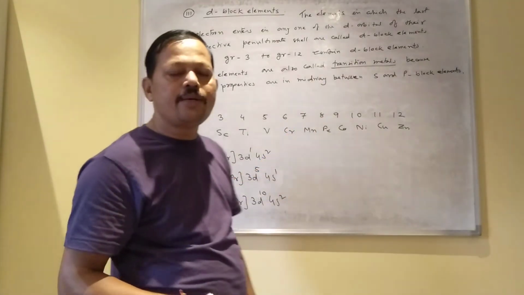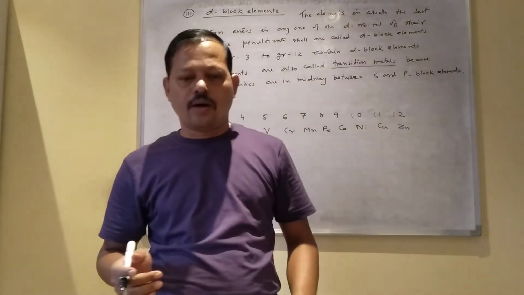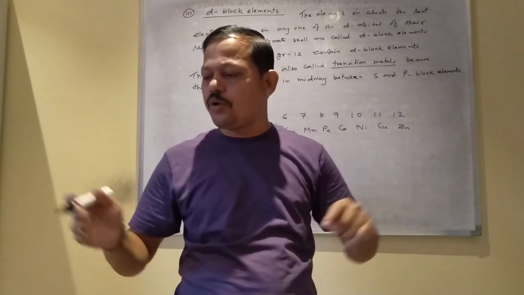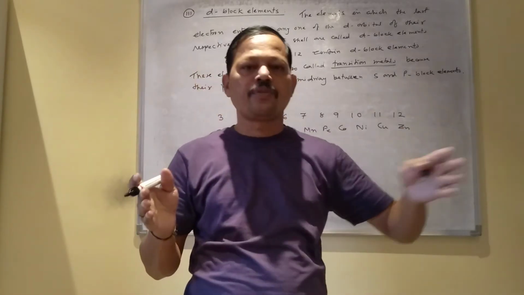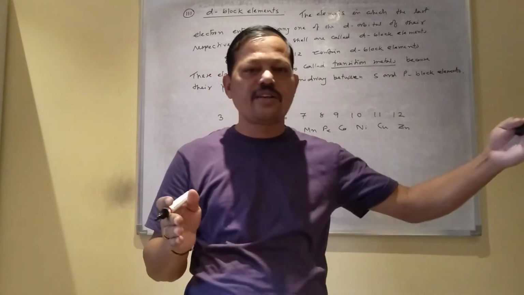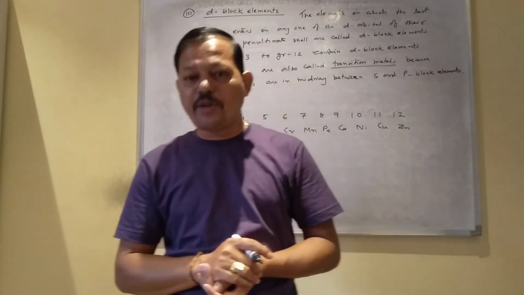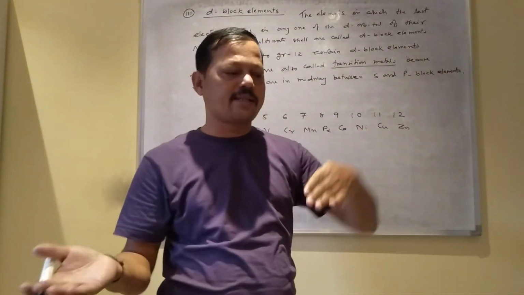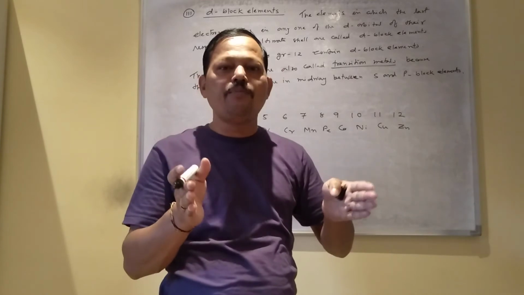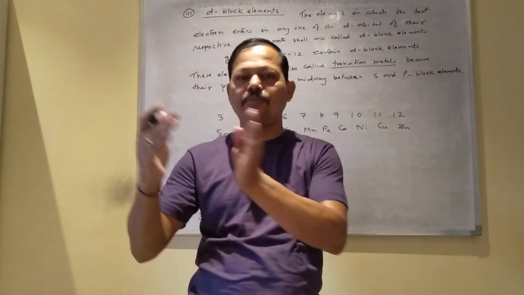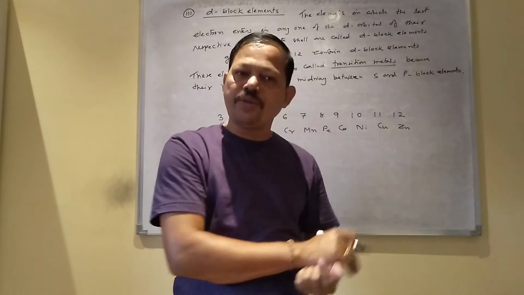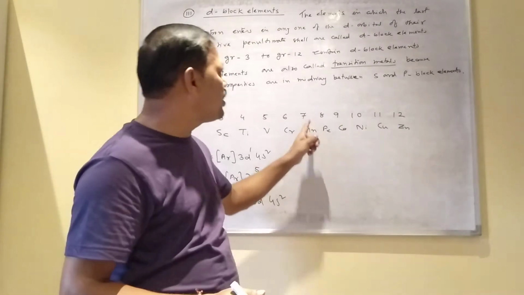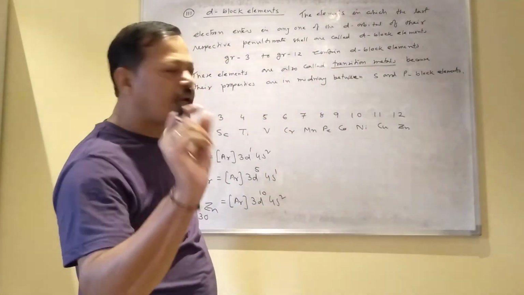When you study properties from left to right in a period, the property either goes on increasing or decreasing, and that is called periodic properties. Since d block elements are in the middle, their properties are somewhat similar to s and somewhat similar to p. So since their properties are midway between s block and p block, they are called transition metals.